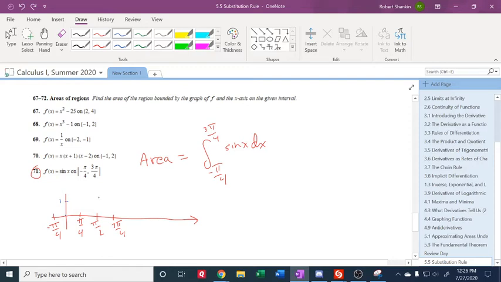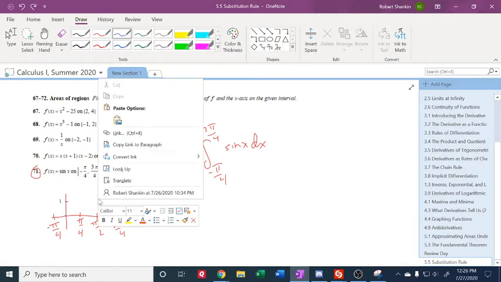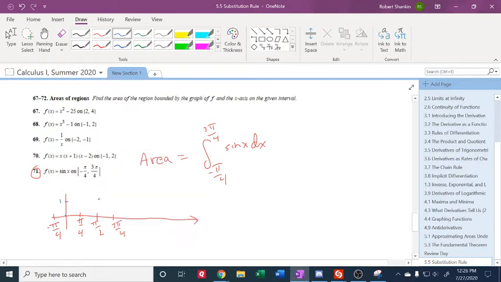Pi over 2, it goes up to here. Pi, it would go down to here. 1.5 pi would be over to here. So on. Hold it. No. Pi over 2. Well, pi would be to here.